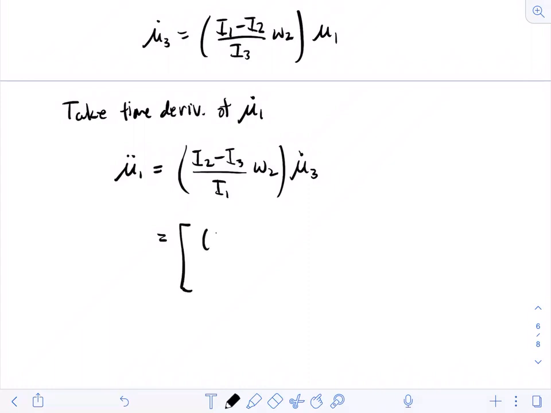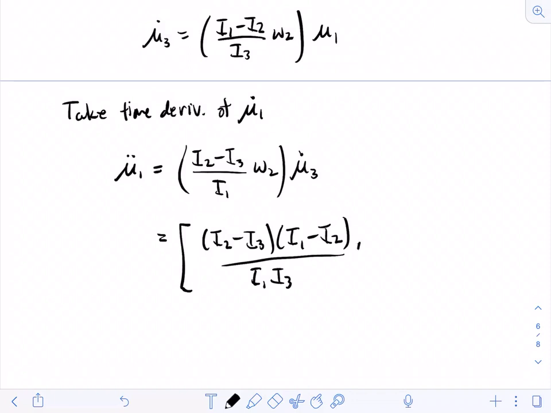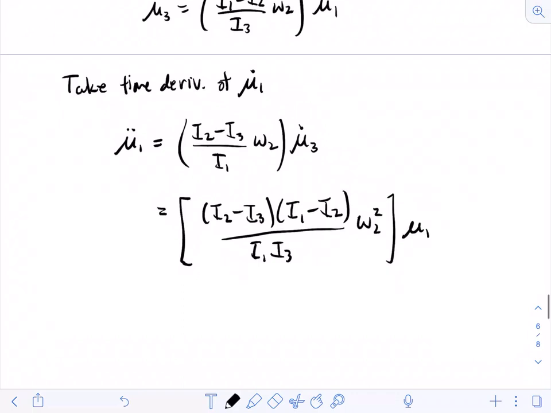And what do we get? We get I2 minus I3, I1 minus I2. Then we divide by I1, I3. We get 2 factors of omega 2. And then from mu3 dot, we get a mu1. Okay, here's where things are going to get different.